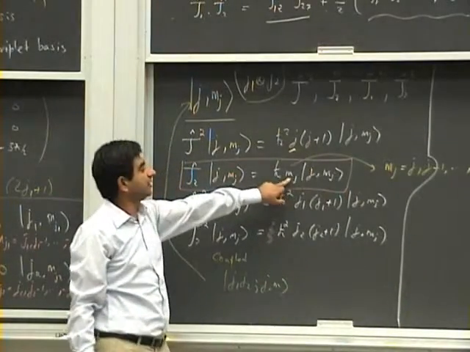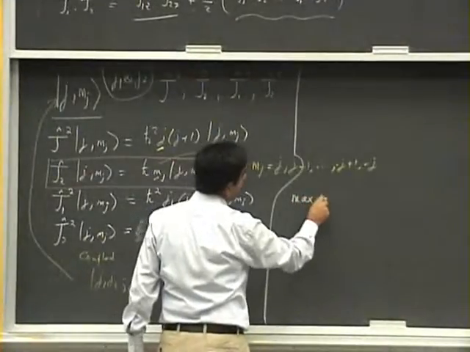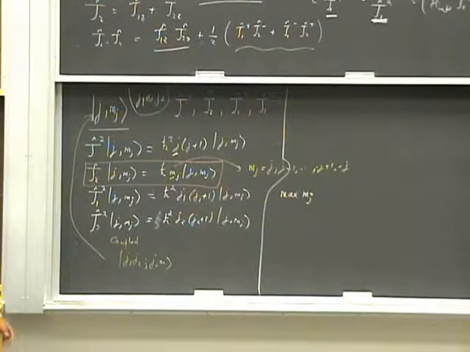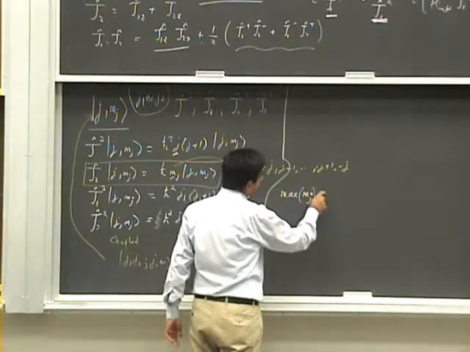If I look at this mj, what's the maximum possible value of mj given some j? The maximum value of mj is j.